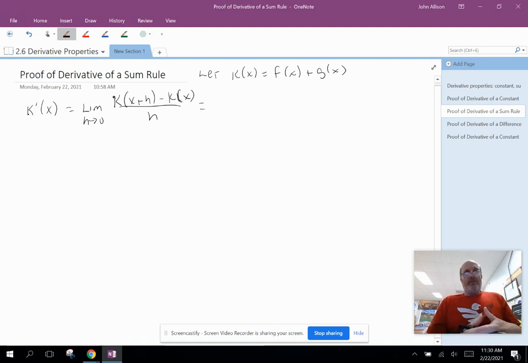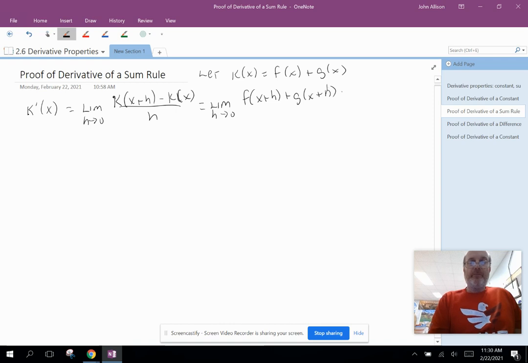And since k of x plus h just means I plug in x plus h for x everywhere there's an x, then that means this k of x plus h is f of x plus h plus g of x plus h. Now subtract k of x, which means I subtract f of x plus g of x, and that's all divided by h.